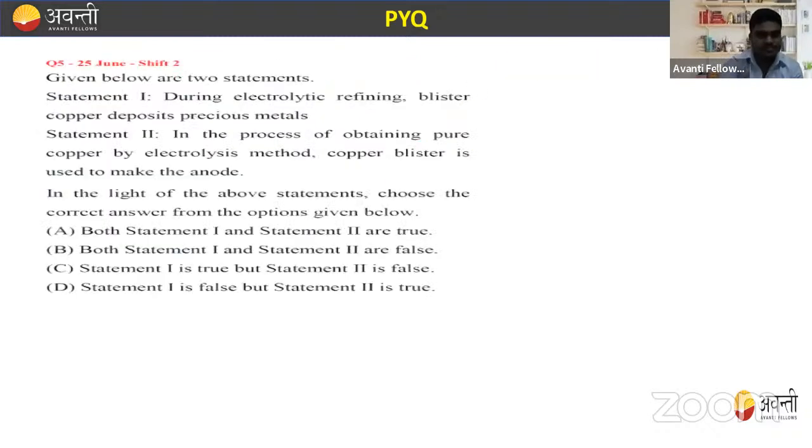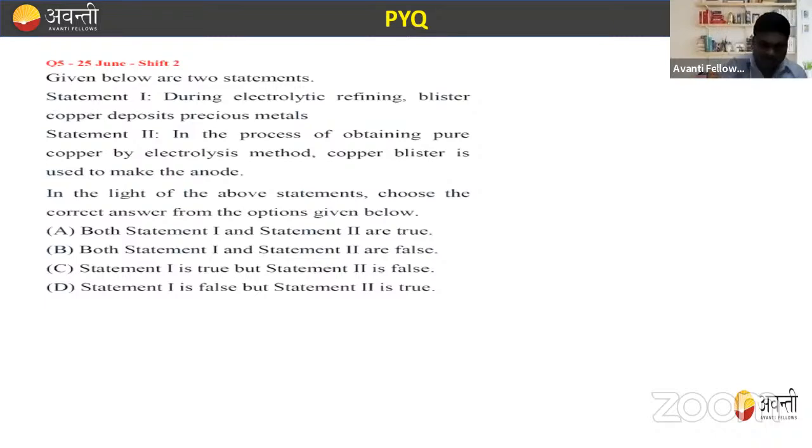Okay. Now, the next question is a statement-wise question. Statement 1 states that during electrolytic refining, blister copper deposited precious metal. Statement 2 states that in the process of obtaining pure copper by the electrolysis method, blister copper is used to make the anode.